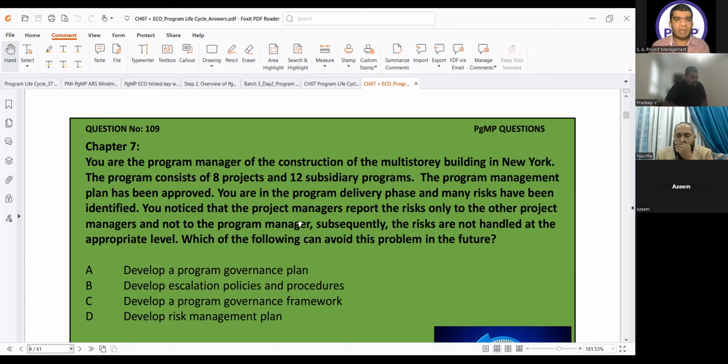The same is the problem here. The project managers are managing the risk among themselves but not communicating or going up to the program level. Ultimately your program is suffering. Why? Because these projects are the components of your program. If your projects or components fail, ultimately your program will fail, right? So in this case, we have to make sure that you develop escalation policies and procedures.